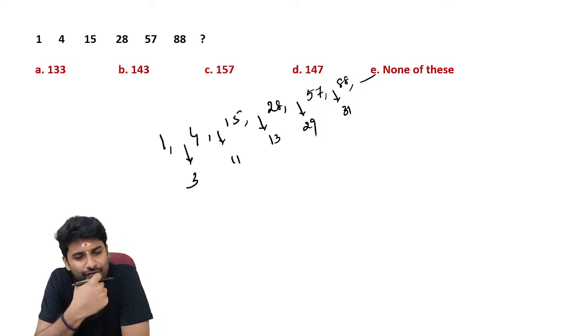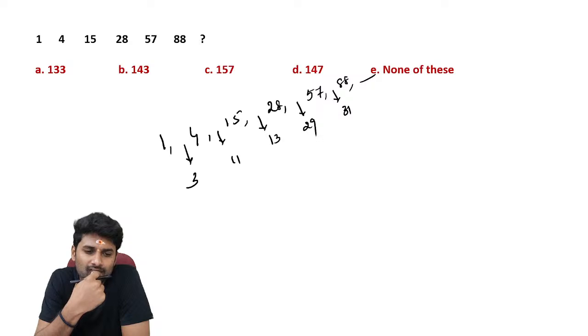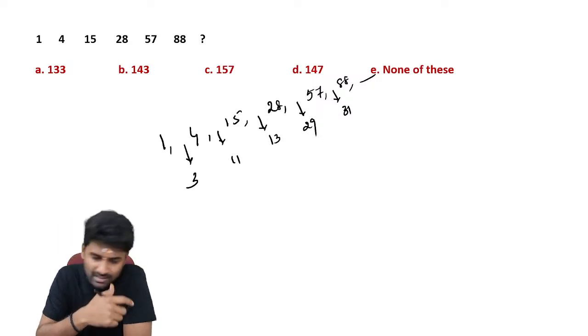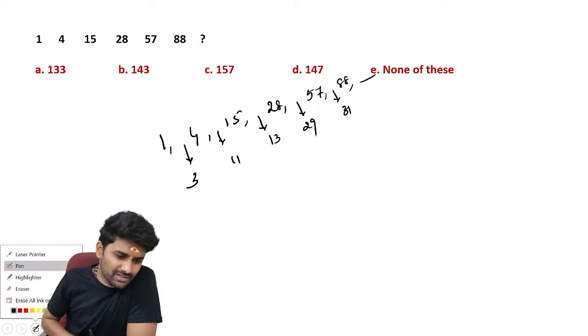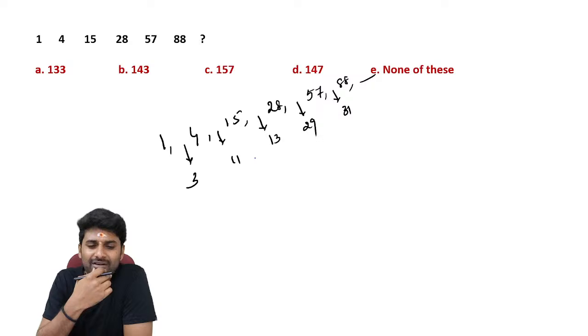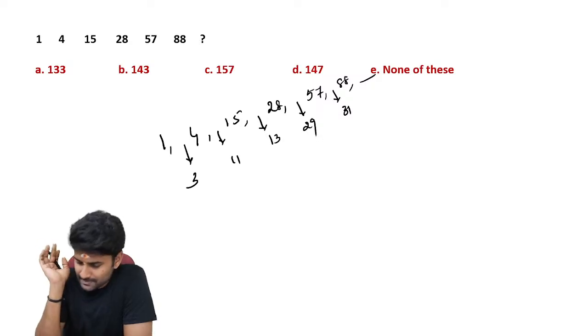1, 4, 15, 28, 57 and 88. The differences are 3, 11, 13, 29, 31. What can be the next one? If you observe the most important thing, 3, 11, 13, 29, 31 all belong to the prime numbers.